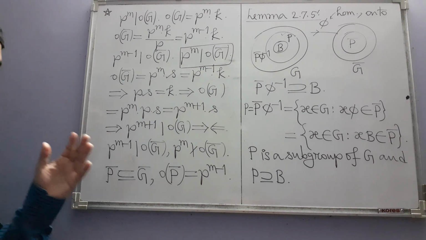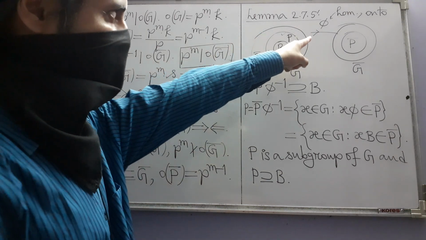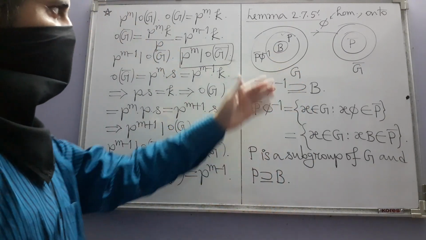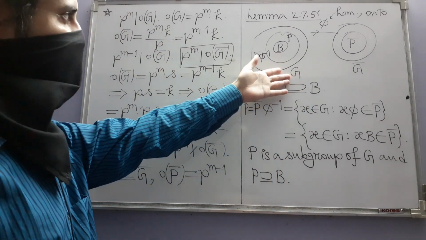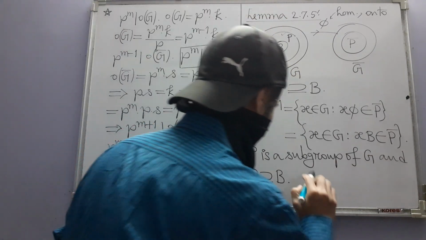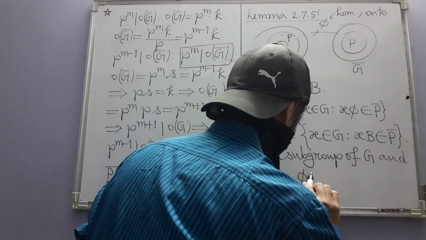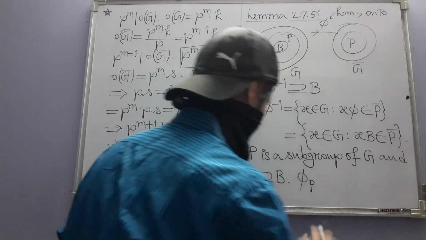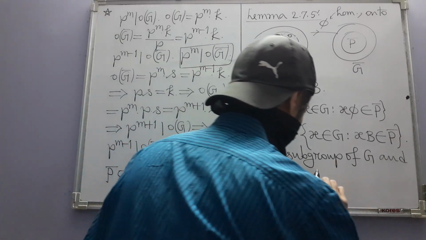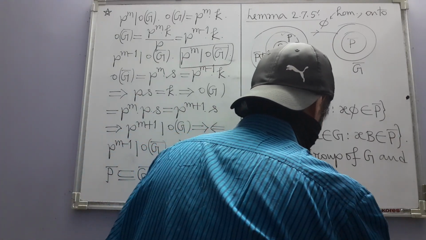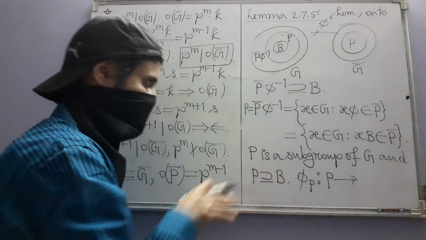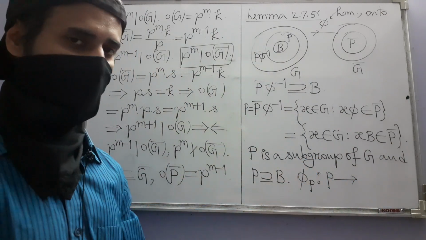Now if one restricts this function phi to P, which we can do because phi has G as its domain, so we can restrict the function to any subset of G. In particular, we can consider this restriction. Restriction of phi to P in this book is denoted like this. This part that I am writing now is not there in the text.